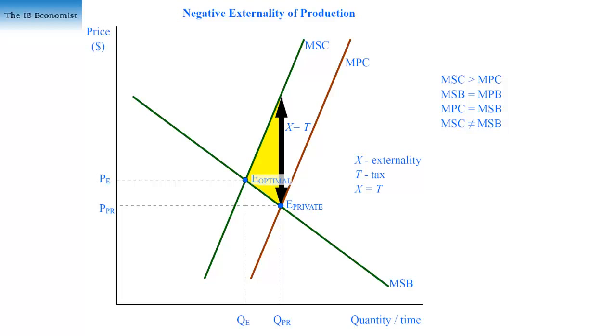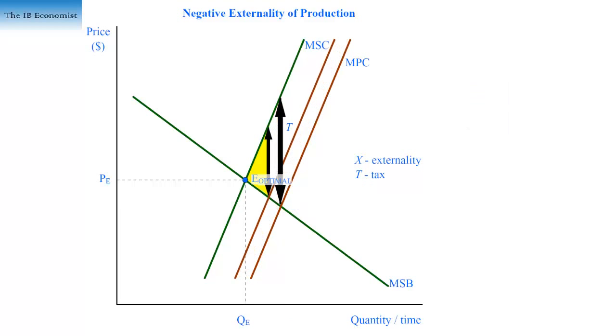The marginal private cost is less than the marginal social cost, which is why this good is being overproduced, and QPR represents the quantity produced by the private equilibrium, and QE is the optimal quantity. If we set a tax T, which would be equal to the externality X, we are going to increase the marginal private cost by the tax until they actually become equal to the marginal social cost.